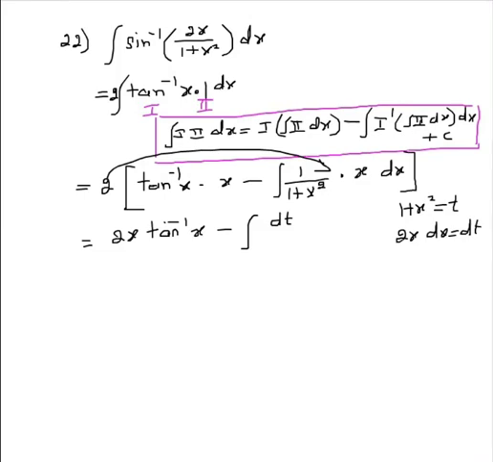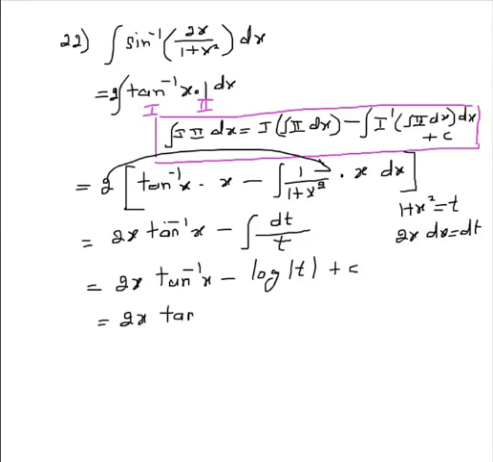We have to distribute this 2. 2x dx becomes dt divided by t. 2x tan inverse of x minus integral of 1 by t is log of absolute value of t and plus c. Substitute for t. 2x tan inverse of x minus log of 1 plus x square is a positive number, so I need not write the absolute value sign, and plus c.